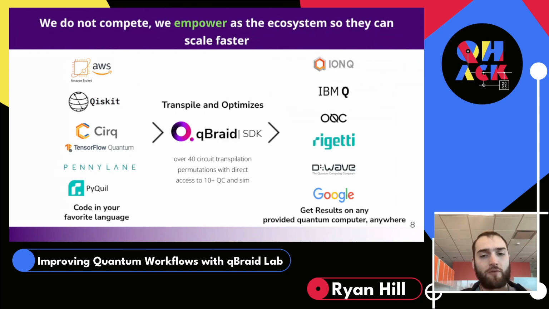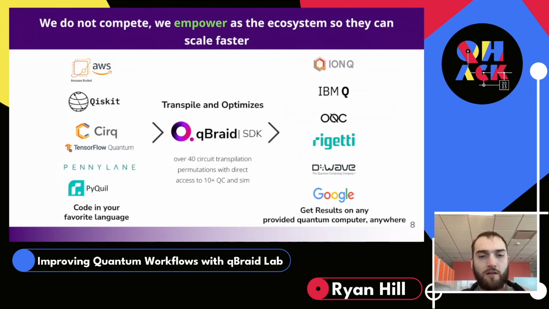It's now also compatible with OpenQASM, that allows you to write a circuit in any of these languages on the left and submit it to a huge range of devices, some of which are listed here on the right. So if we have time at the end, we might do a little bit on the qBraid SDK, but mainly in this presentation, we're going to focus on our Jupyter Lab IDE.